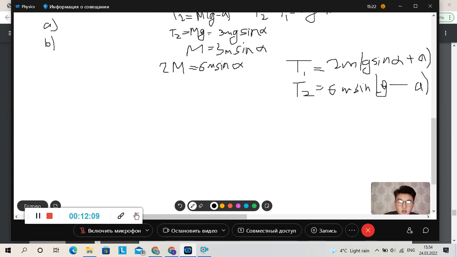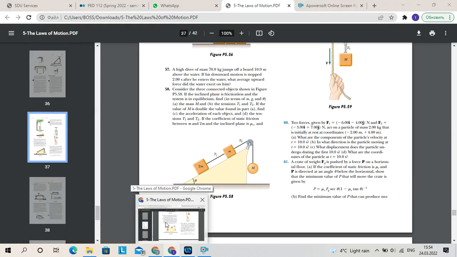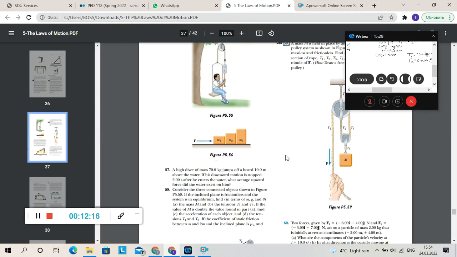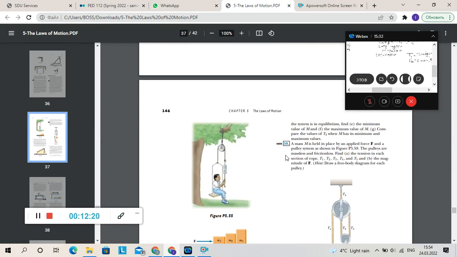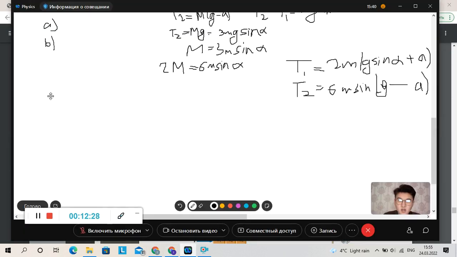and next question is, in this equilibrium we need to find the m minimum and the m max. Okay, m minimum will be like this.